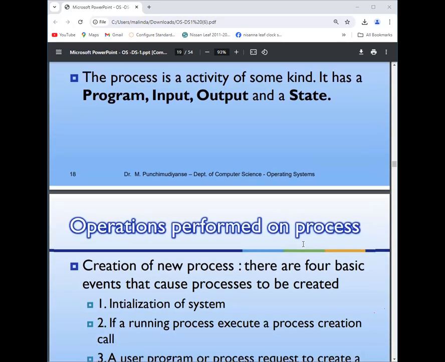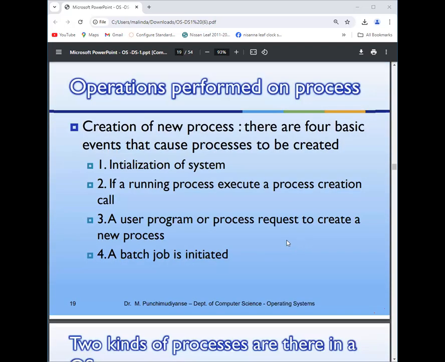So let's see. First of all, we need to create a process. When we want to create a process, there are several activities that can initiate a process. The first one is initialization of the system.